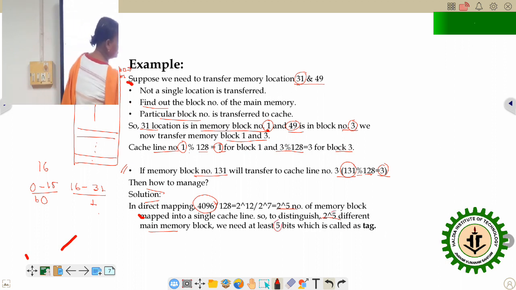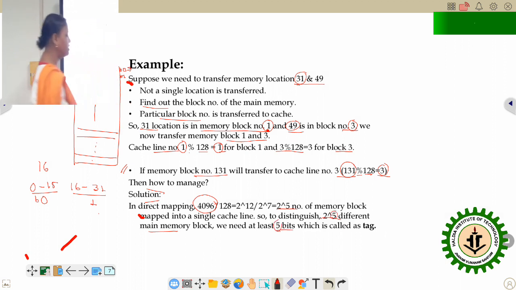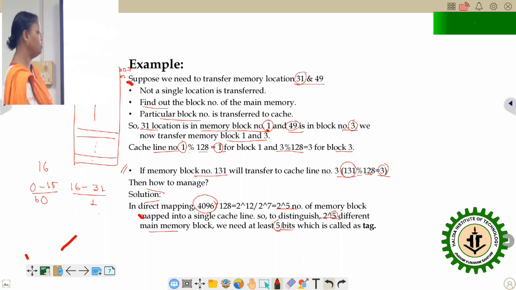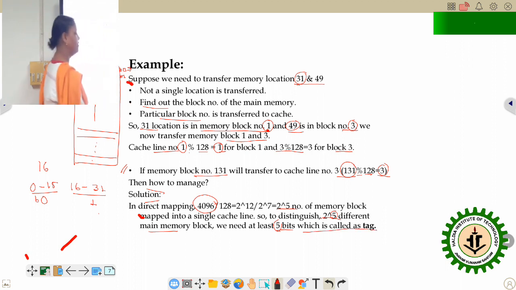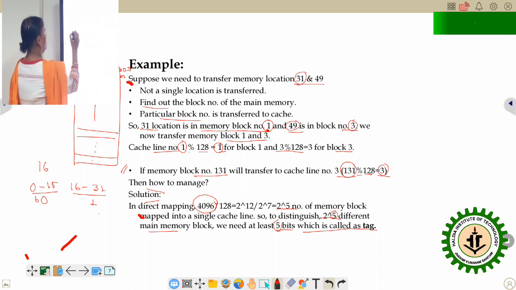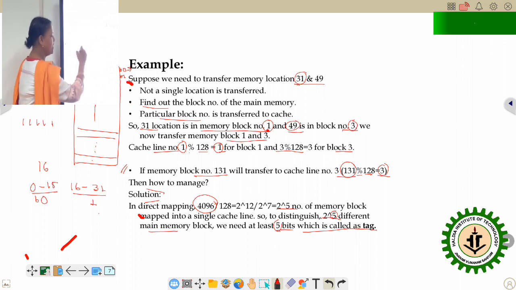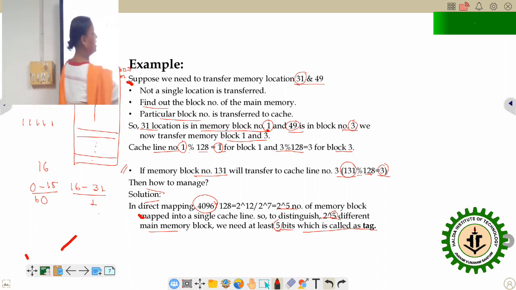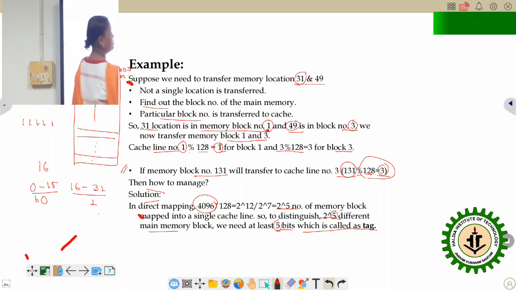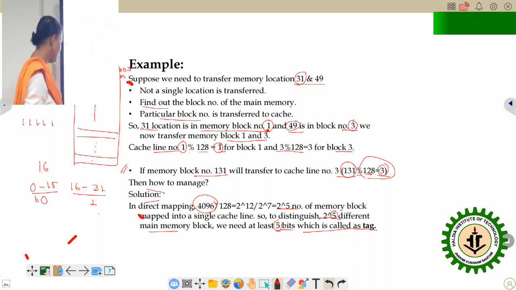These 5 bits give you the difference between them. That's why this is known as the tag value. Any tag number in this range is matched with this value. So how to calculate?